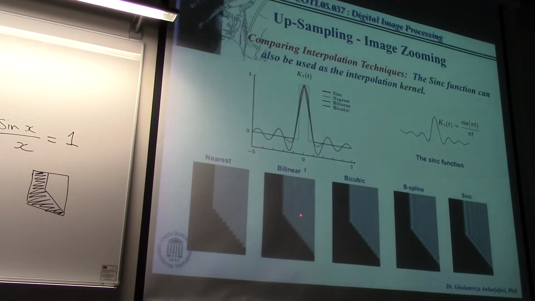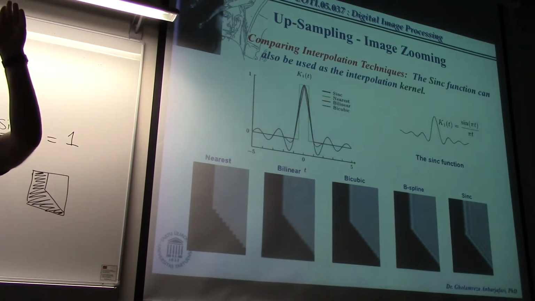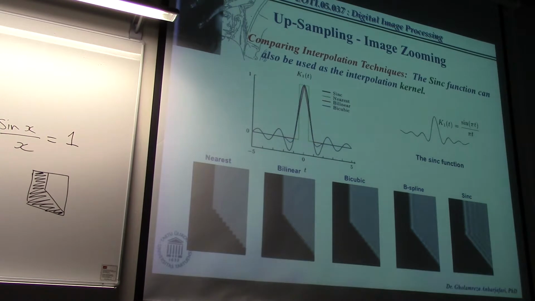What about bilinear? Why don't I have any ringing effect here? Because it has a straight line. Because it's two lines, they come here and afterwards I go to 0. In other words, I do not go to negative. I do not have any valley. If you have a valley, it means that you are expecting to see some darkness.